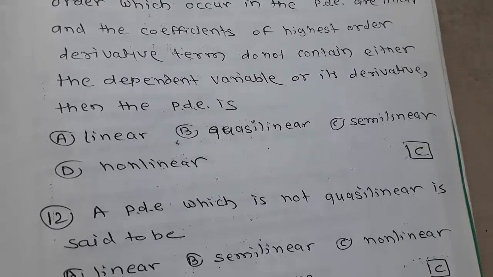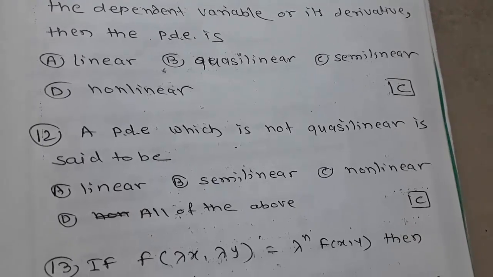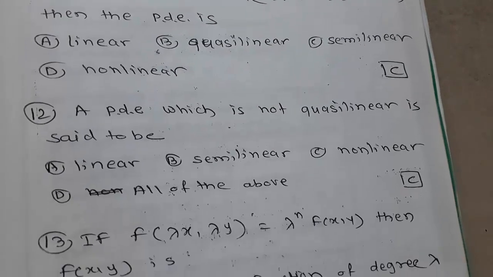Such types of PDE are called semi-linear PDE, hence the correct option is C. A PDE which is not quasi-linear is said to be, options are linear, semi-linear, non-linear, and all of the above. The PDE which is not quasi-linear is always non-linear, hence the correct option is C.